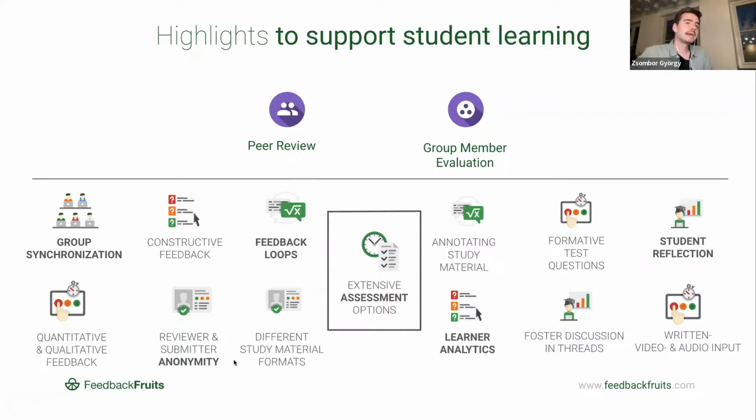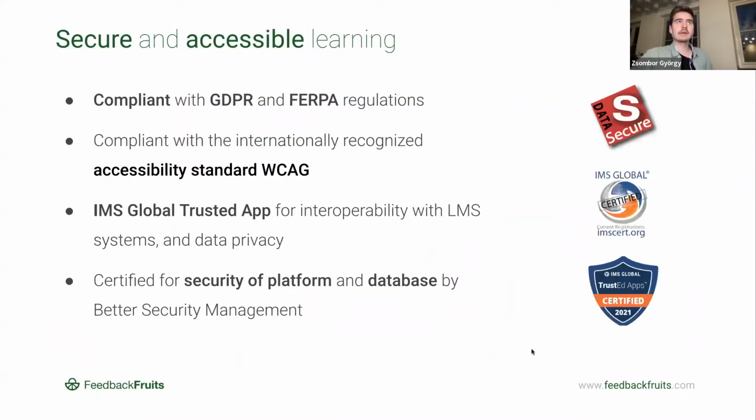We have a double-blinded anonymity, which means if you want to create a safe and secure feedback environment, you can either decide to turn on anonymity for the reviewer or for the reviewee, or for both of them. And we always provide learner analytics for the instructors, so they can intervene when and where necessary in this whole feedback process.